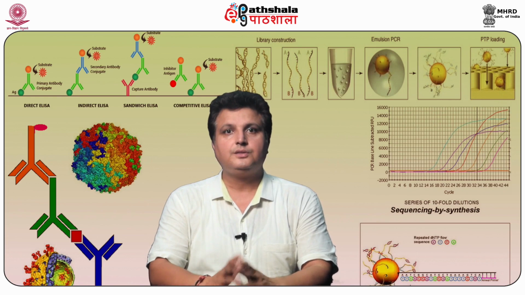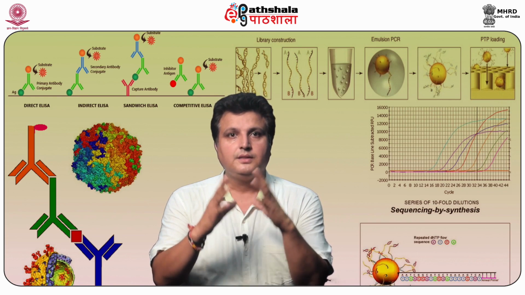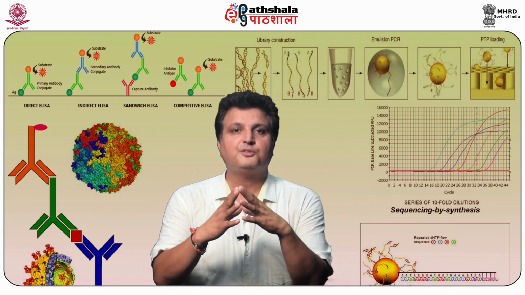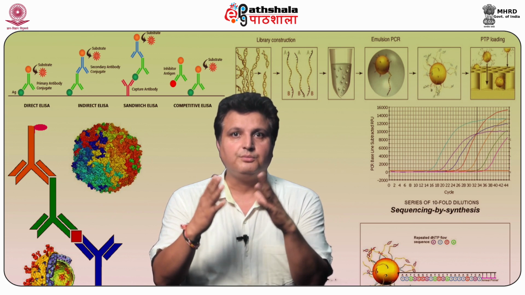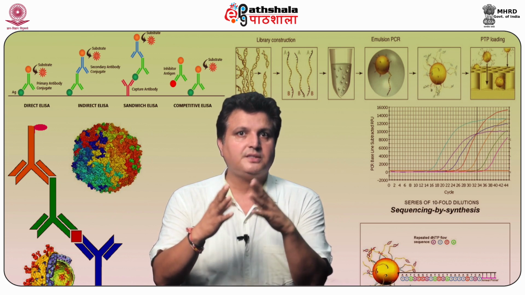Transcriptomics is the study of the complete set of RNAs, the transcriptome, encoded by the genome of a specific cell or organism at a specific time or under a specific set of conditions.